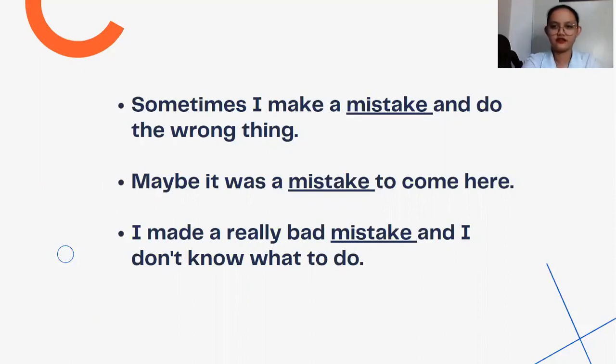These sentences, we commonly hear them in daily conversation, or when we watch dramas or movies, and they use the word mistake. The first sentence is, sometimes I make a mistake and do the wrong thing. Maybe it was a mistake to come here. I made a really bad mistake and I don't know what to do.